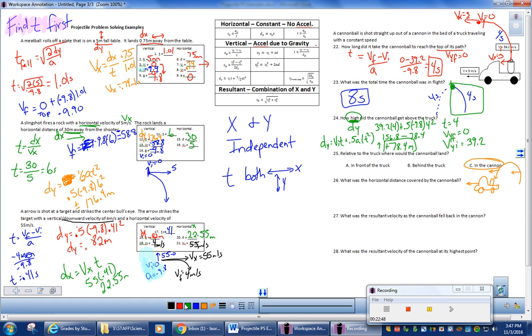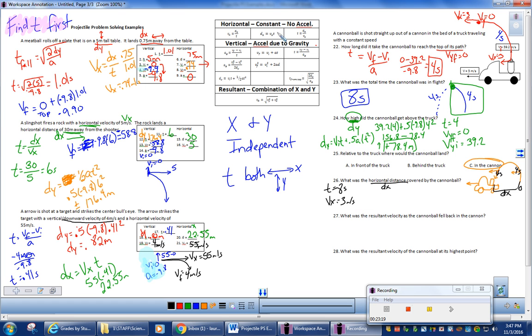Alright, the next thing that we're going to solve for, what's the horizontal distance? So how far did our truck travel in that time? It left here, it took 4 seconds to get up, 4 seconds to get down. So if I want to know the total distance forward that it traveled, I'm going to use my total time, the whole 8 seconds. My x velocity, because I'm going horizontal, was 3 meters per second.